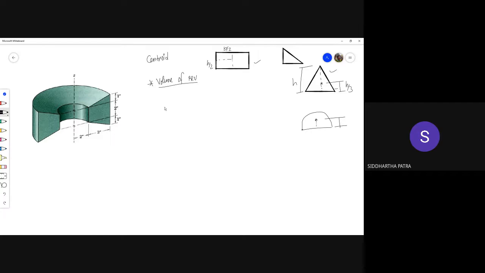At best, what you can do is divide the trapezoid into a set of triangles and a rectangle and get the idea about the centroid. For example, if I measure the coordinate from here, let's call it x, then for the triangles, the centroid should be at a distance of 1.